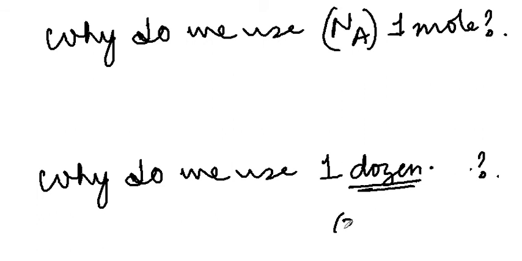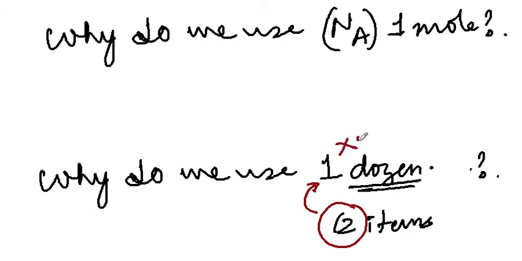Dozen is a collection of 12 items. So instead of using a big number like 12, if we simply use 1, it makes our calculation easy. If we have to multiply 1 with 5, we simply know that it is 5.